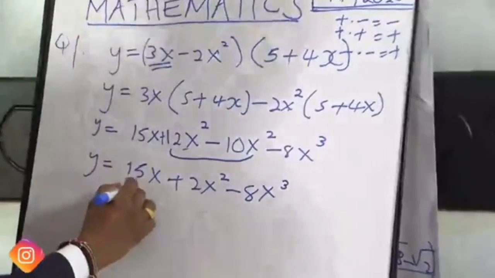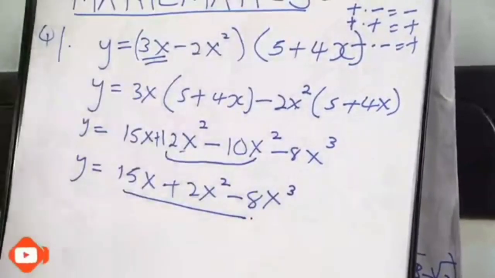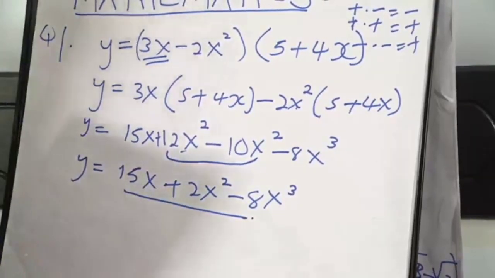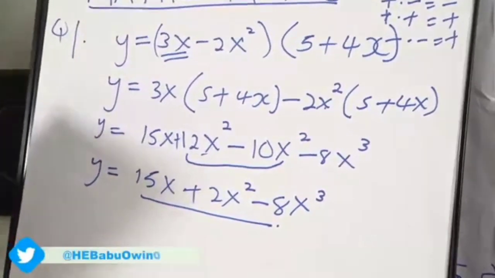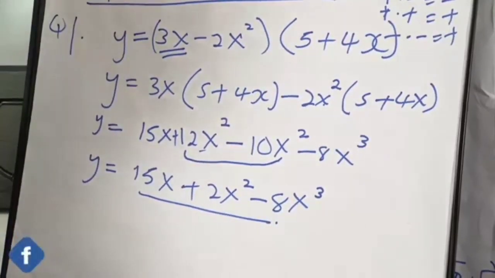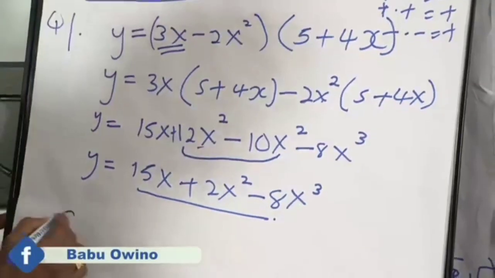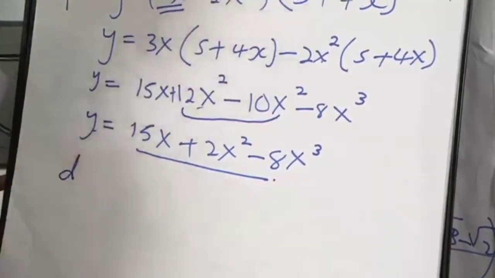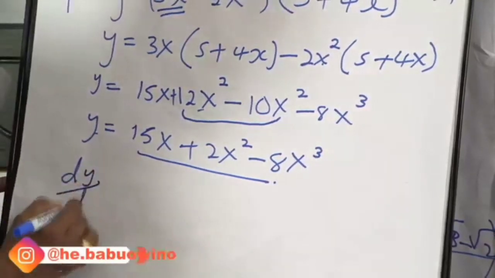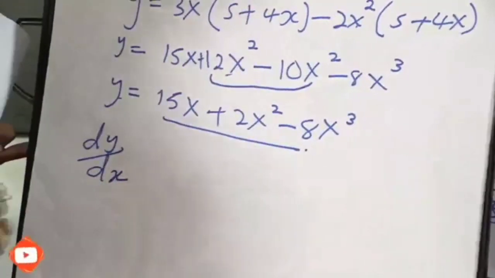So this is our simplified value for y. Then we are asked to find the derivative. That is differentiation. Differentiation is the gradient function. Now we are going to get the value of y with respect to x. That is dy/dx. This is now what we call differentiation.